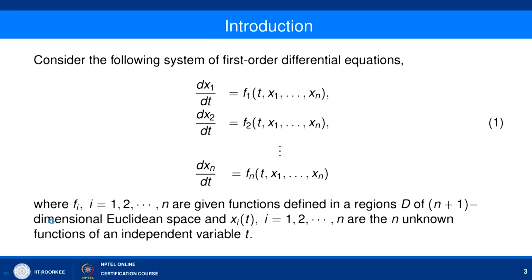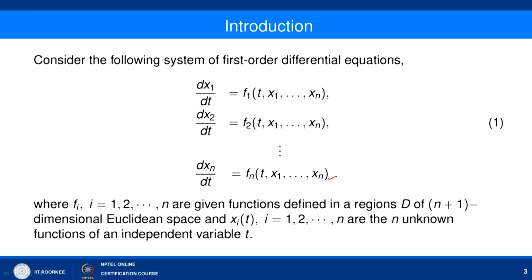Now, in general we can define the first order differential equation system as follows. Consider the following system of first order differential equations: dx1/dt = f1(t, x1, ..., xn), dx2/dt = f2(t, x1, ..., xn), and so on, dxn/dt = fn(t, x1, ..., xn).